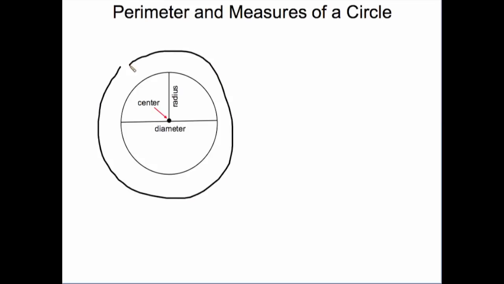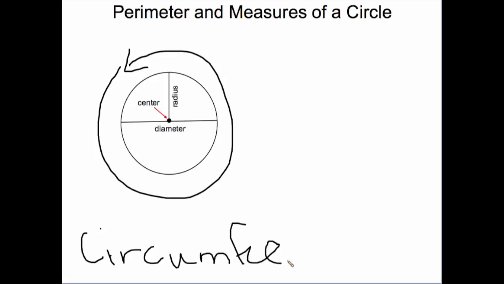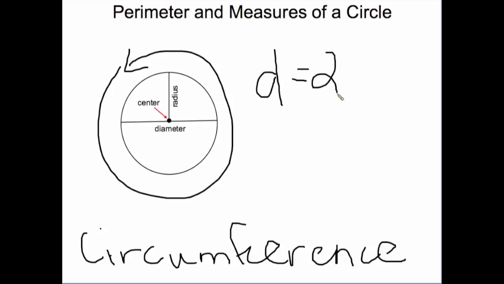The distance around our circle is called the circumference. Okay, and if you want to figure out the diameter, but you know the radius, the diameter is 2 radiuses put together, so the formula for that is D equals 2R.